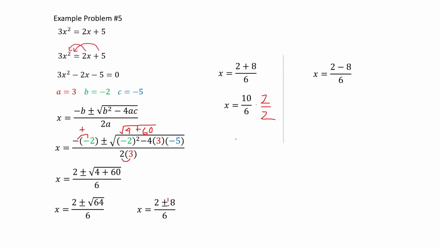So that will be x equals 5 over 3, since we divided by 2. And here, 2 minus 8 will be negative 6, and negative 6 divided by 6 will be negative 1. That's the answer of problem number 5.